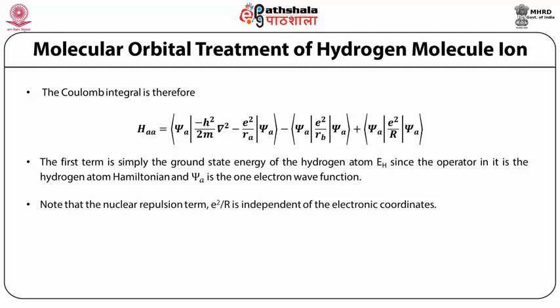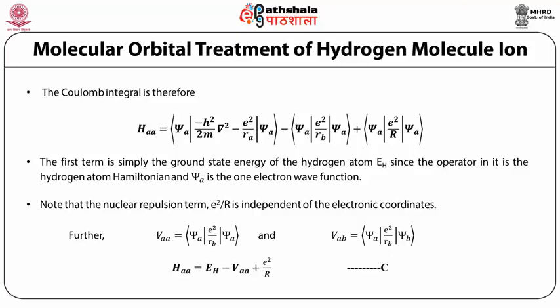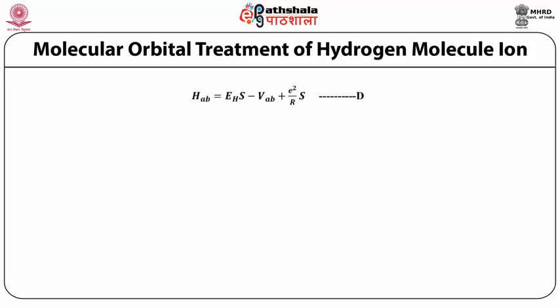The nuclear repulsion term e square upon R is independent of the electronic coordinates. So, further VAA is equal to the integral of psi A e square upon RB psi A, and VAB is equal to the integral of psi A e square upon RB psi B. HAA is equal to EH minus VAA plus e square upon R, refer to as equation C, and HAB is equal to EHS minus VAB plus e square upon RS, refer to as equation D.